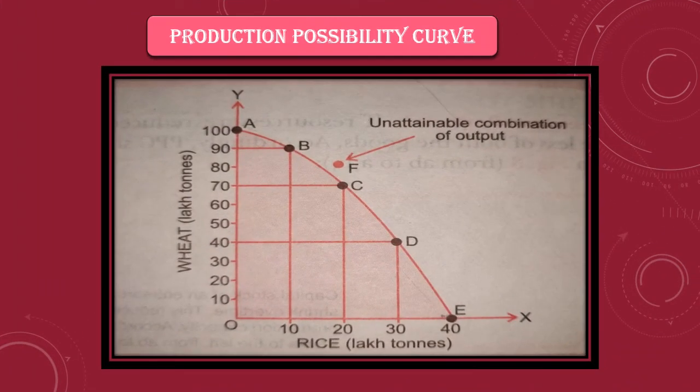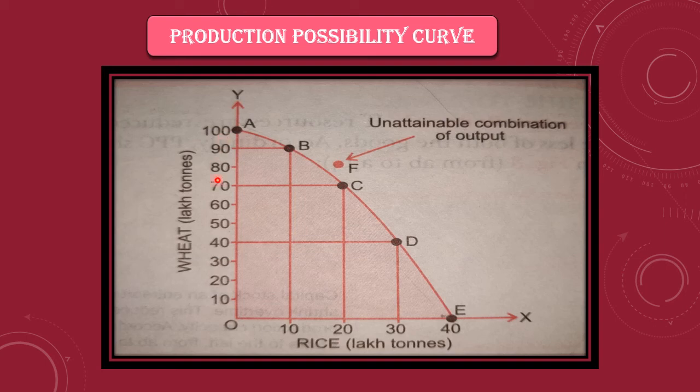So you can see here clearly, when all the resources are used in the production of wheat, let me use the laser here. See, when rice production is 0, at that time the wheat production is 100. It means that all the resources are used in the production of wheat only.